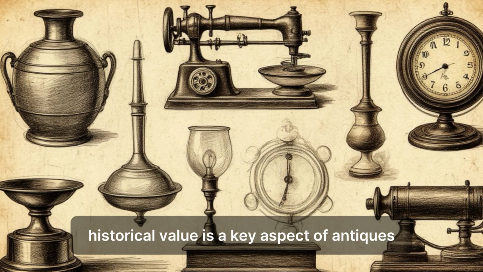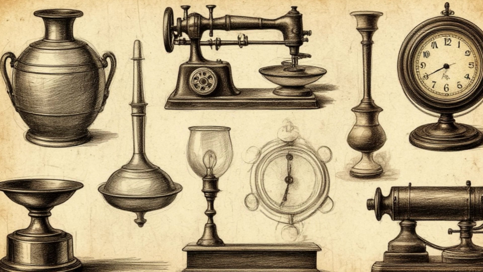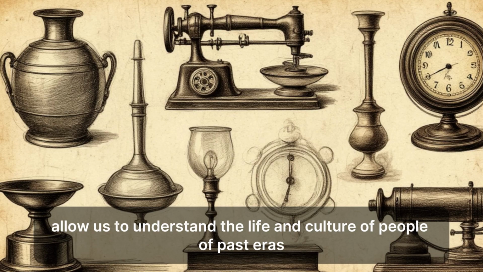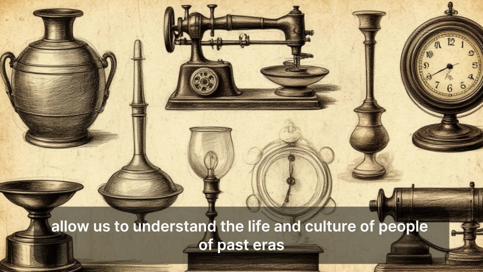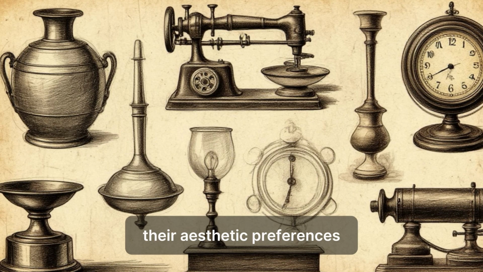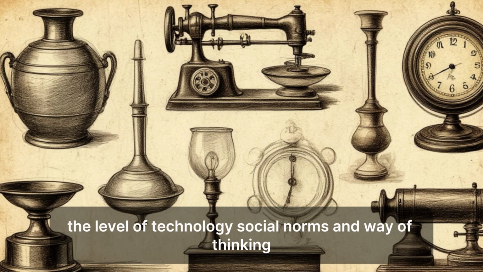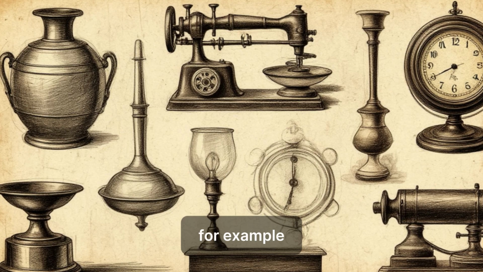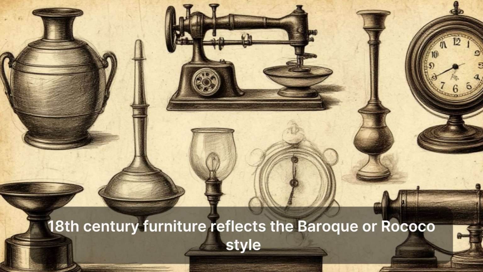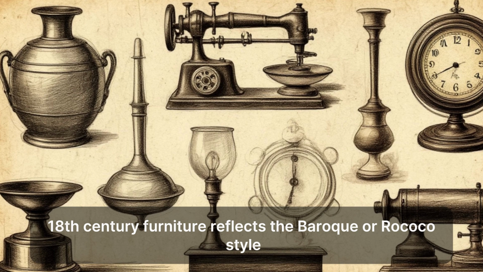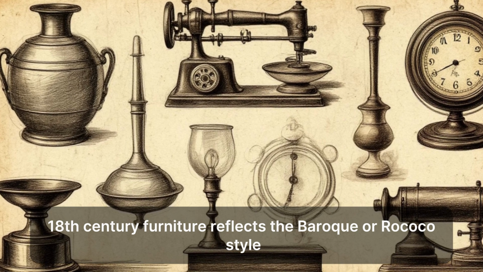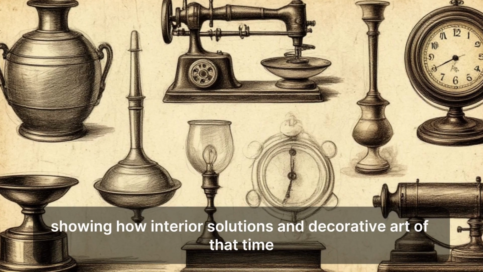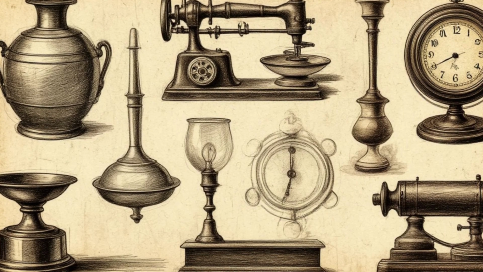Historical value is a key aspect of antiques. Such subjects allow us to understand the life and culture of people of past eras, their aesthetic preferences, the level of technology, social norms, and way of thinking. For example, 18th century furniture reflects the Baroque or Rococo style, showing how interior solutions and decorative art of that time were formed.